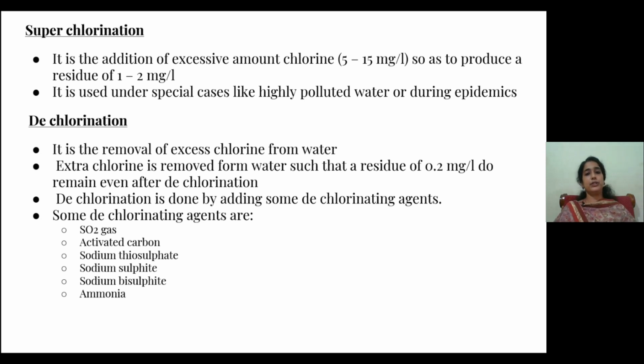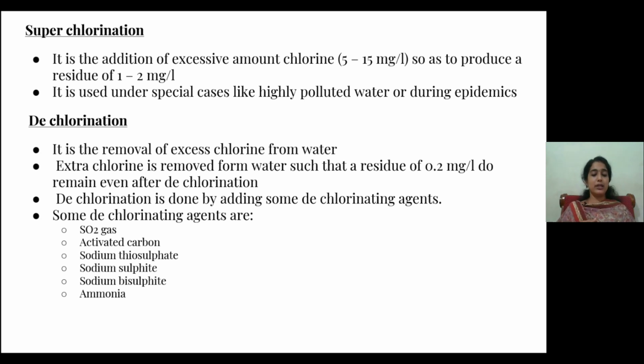Then dechlorination. Dechlorination is the removal of excess chlorine present in the water. That is, extra chlorine is removed such that a residue of 0.2 milligram per liter remains even after the dechlorination. Dechlorination is done by some dechlorinating agents.